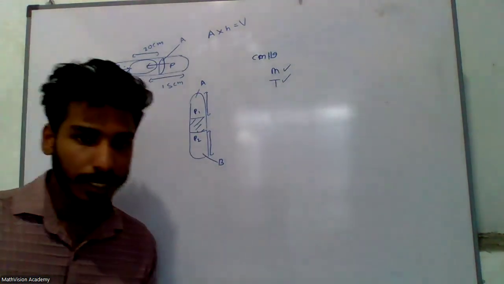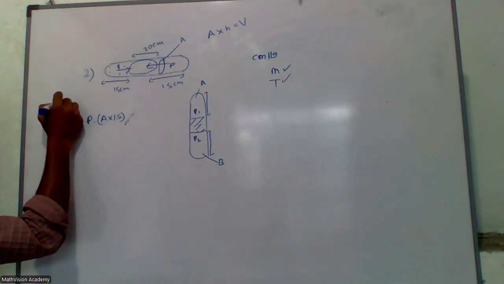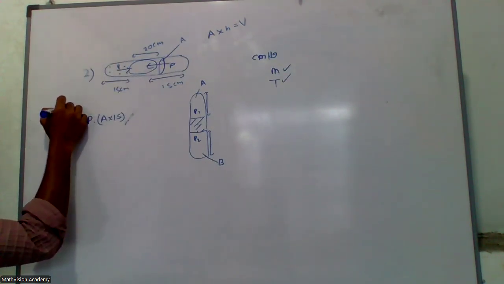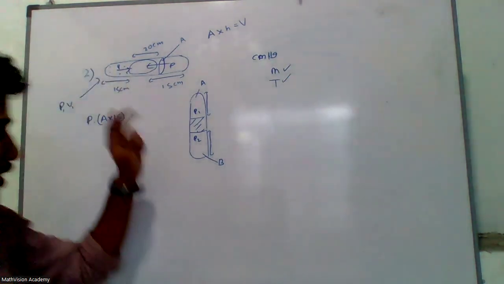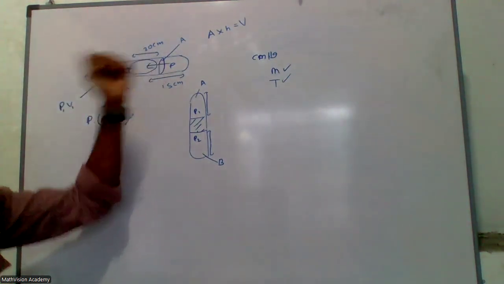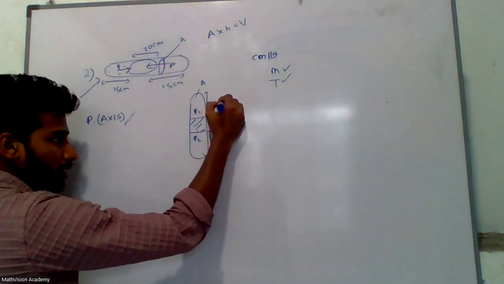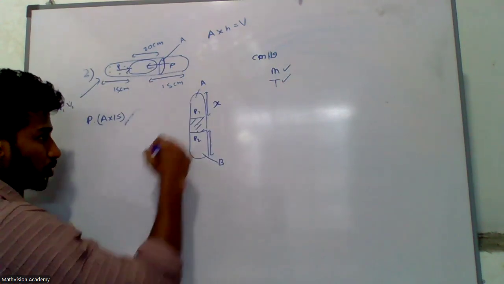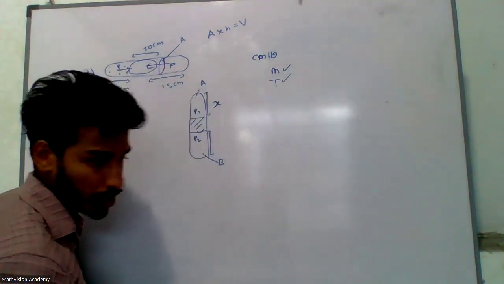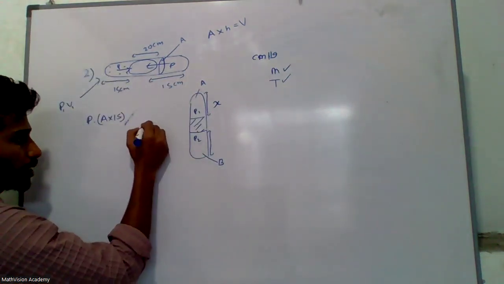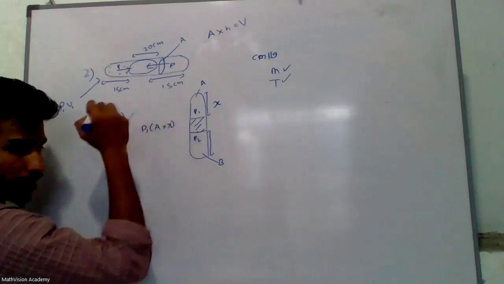Now if you look at here, this is the PV product in system 1. I am applying Boyle's law, P1 in here. The pressure is P, volume is A into 15. But now let's say the length of this is X. So the volume in here is A into X. Pressure is P1. So the PV product is P1 times A times X. Okay.